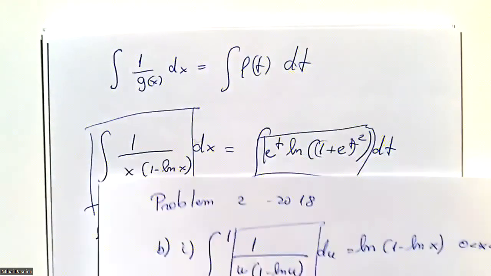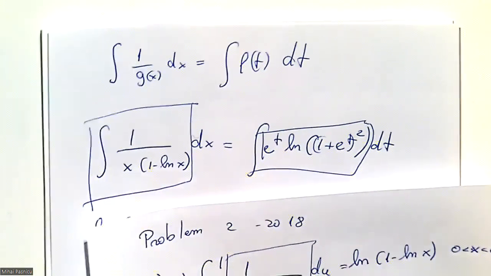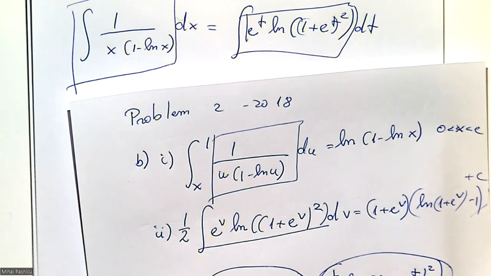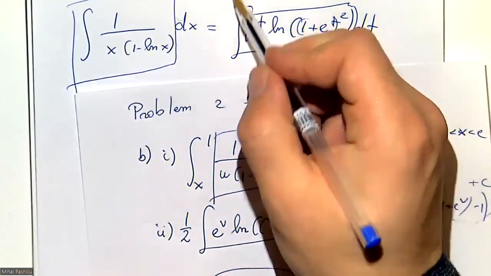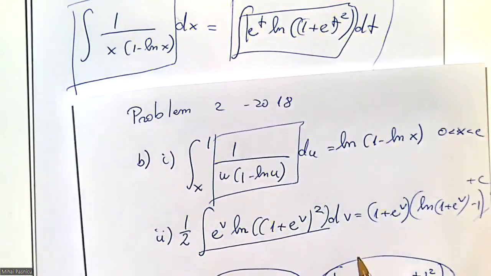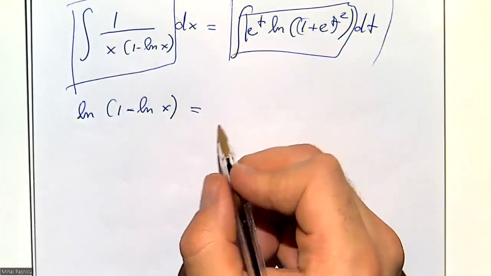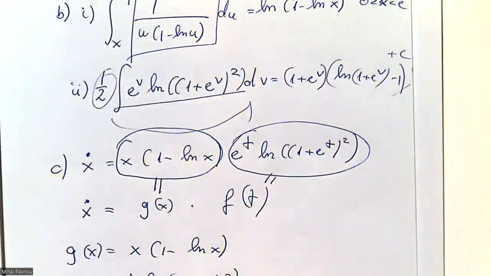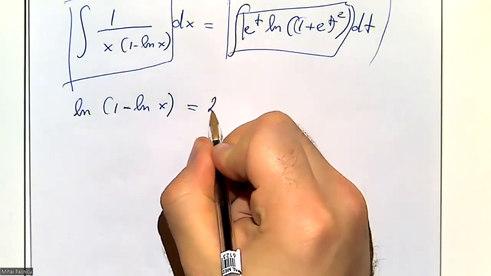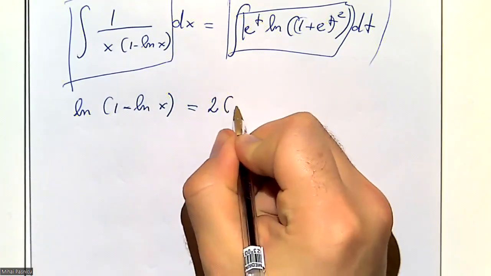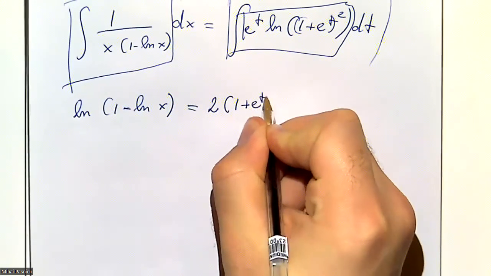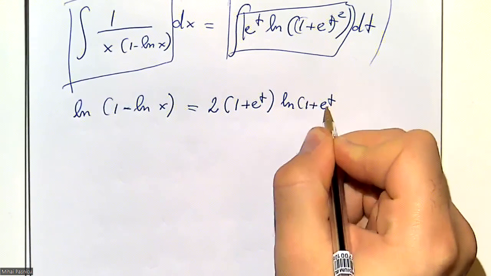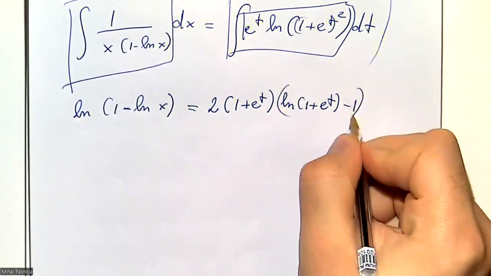It looks kind of the same as this one, doesn't it? e^t ln of (1 plus e^t)... yeah, it's the same one. Exact same thing. So I know this is equal to something really ugly. I'm copying. I move this one half to the other side, and I get 2 times something really ugly: (1 plus e^t) ln of (1 plus e^t) minus 1 plus.